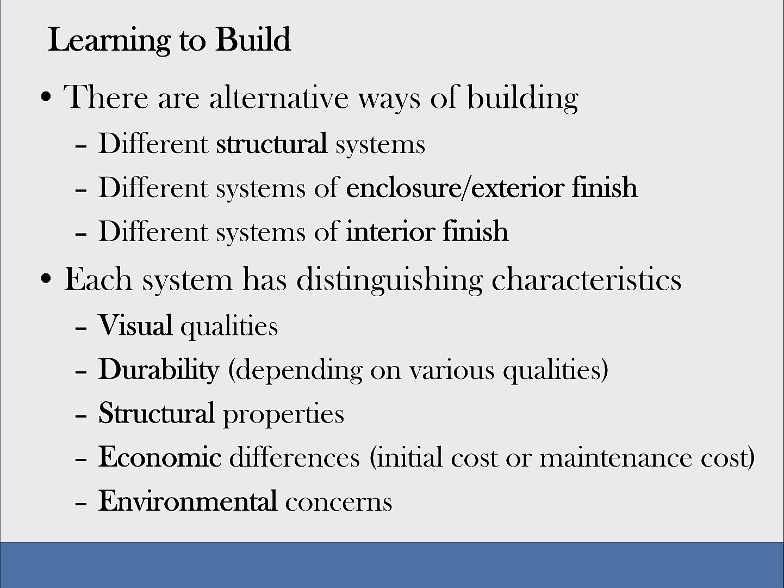Depending which material we're focusing on, there's different structural systems, there's different enclosures for keeping the cold out or the cold in. There's different visual qualities, durability, structural properties. There's economic differences, I've kind of mentioned these, and the environmental concerns of a lot of these different materials.